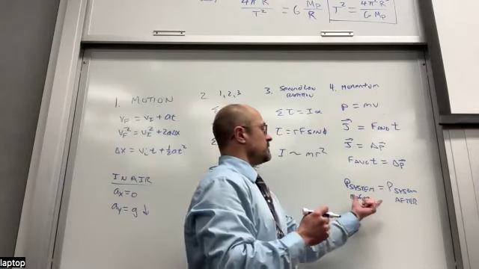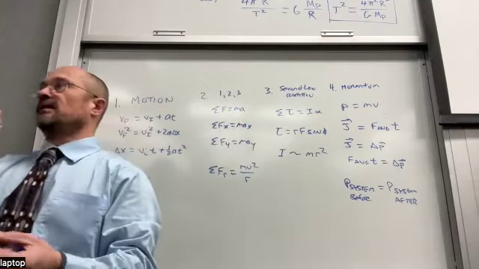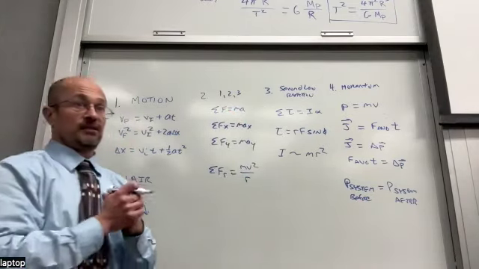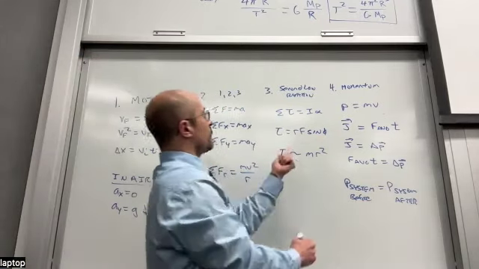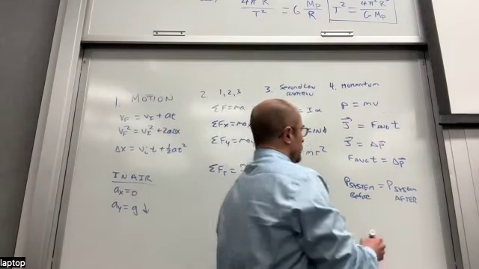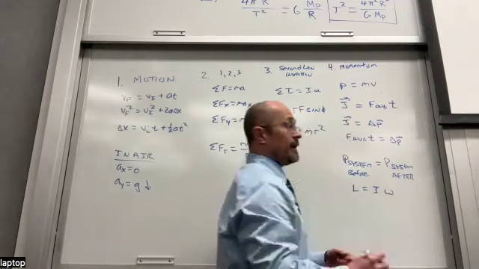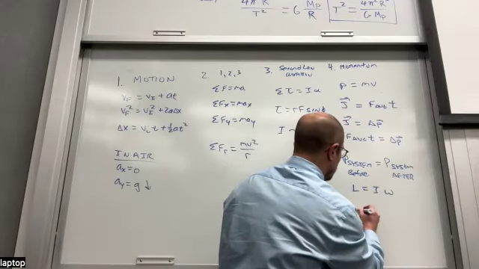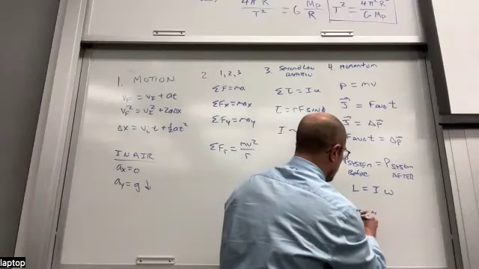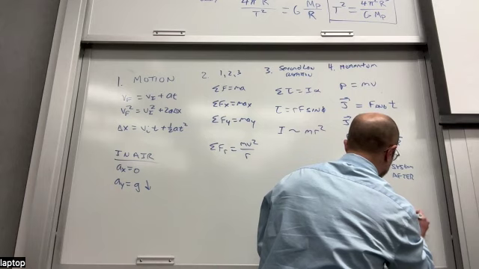And the momentum of the system is conserved, but the momentums of the individual objects in the system can change. Then we also could repeat this for rotating objects, and we said that L is equal to I omega, that's angular momentum, and L of a system before equals L of the system after.